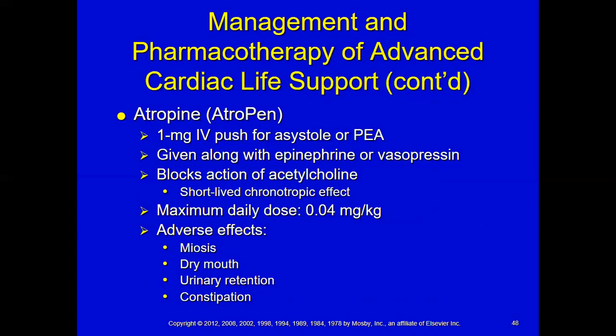All right. And then atropine, a 1 milligram IV push, asystole or PEA. So we're going to basically go with epinephrine, and then we're going to give atropine, epinephrine, atropine. It's going to block acetylcholine, okay? And because atropine's an anticholinergic drug, I don't care if it gives me dry mouth or urinary retention or constipation because you're dead.